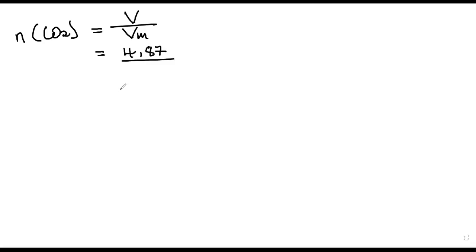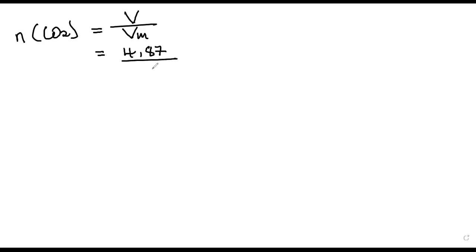So because we have the volume, we also have the molar gas volume. So we understand that the number of moles of carbon dioxide that are produced at STP, they are equal to the volume divided by the molar gas volume. So they said the volume of carbon dioxide produced is 4.87 cubic decimeters.